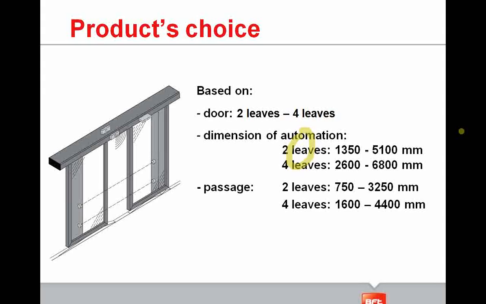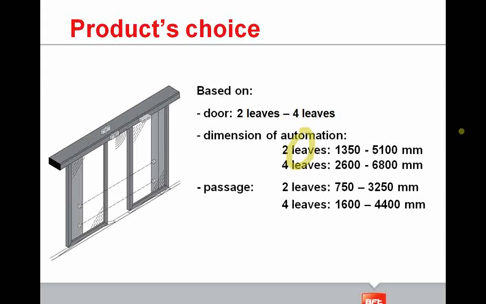So if you want to choose this kind of automation, you can buy it with 2 leaves or with 4 leaves. The dimension for this automation is from 1 meter 35 to 5 meters 10 centimeters for the 2 leaves.